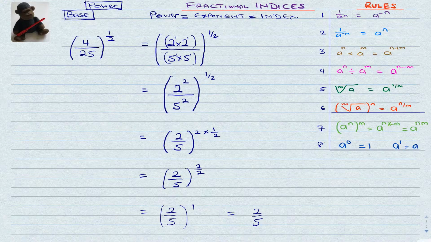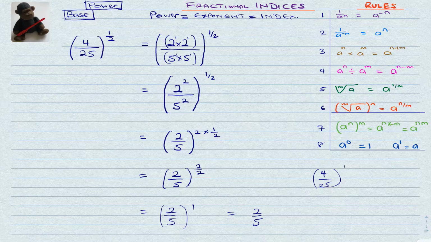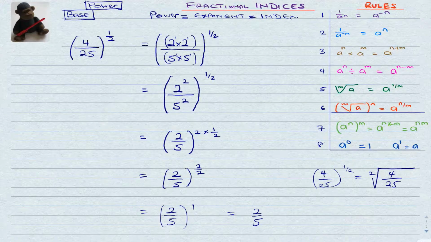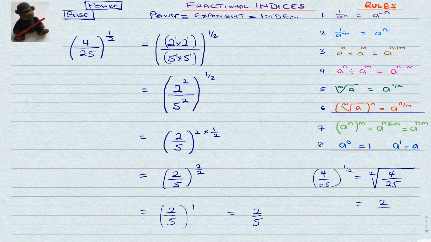You could do the same question by just going straight for rule number 5, which is 4 over 25 to power of a half is the square root of 4 over 25, and that will be 2 over 5.